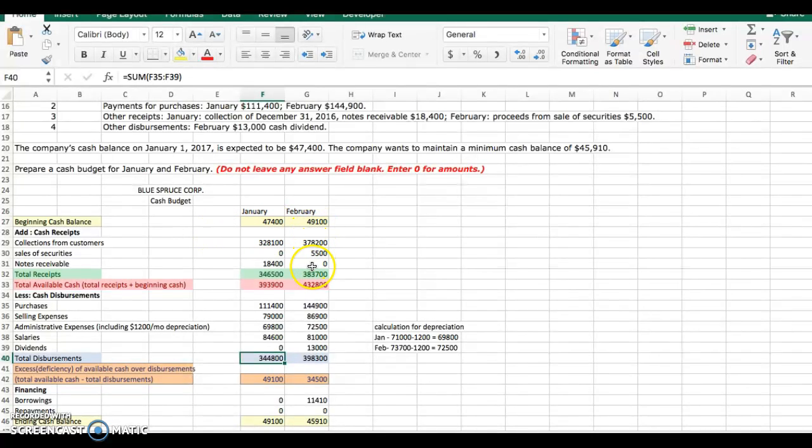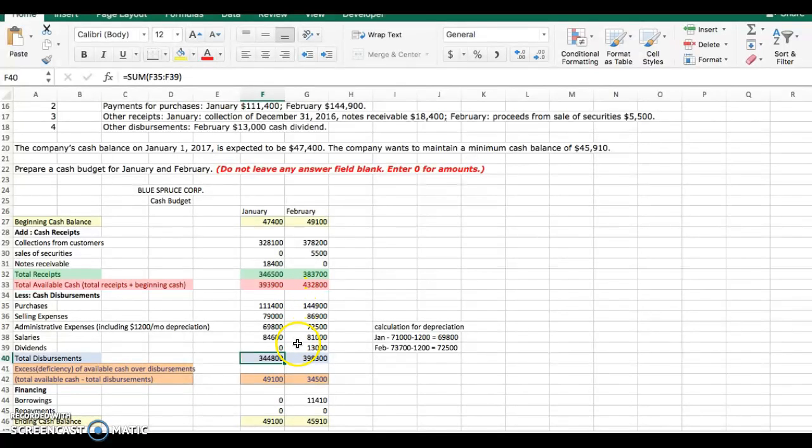So then for February, you do the same thing: you add in all your cash receipts and total them, and then you get your total available cash, which is total receipts plus beginning cash. So you now have $432,800.